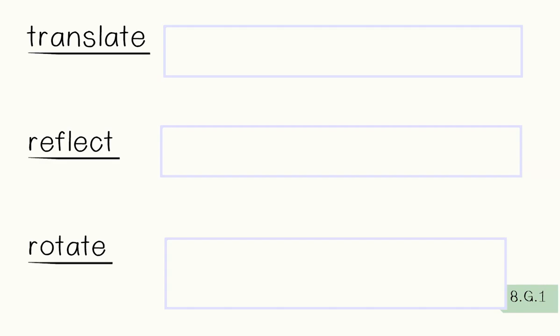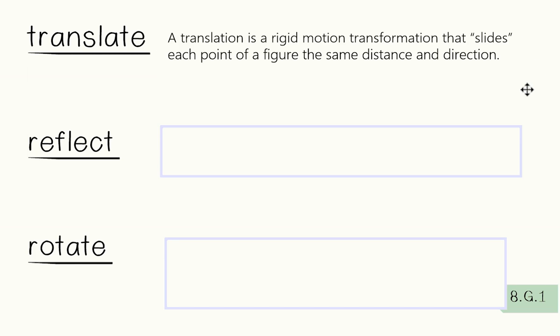So to get started, we're going to talk about those 3 words that I listed in our I can statement. The first one being translate. Translate in math means a translation, which is a rigid motion transformation that slides each point of a figure the same distance and direction. Now, a rigid motion transformation is a transformation that preserves the size and shape of the figure.